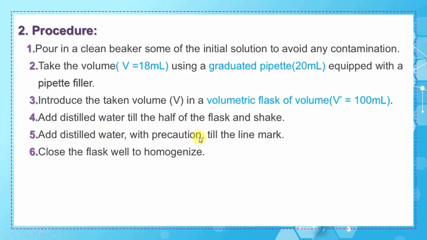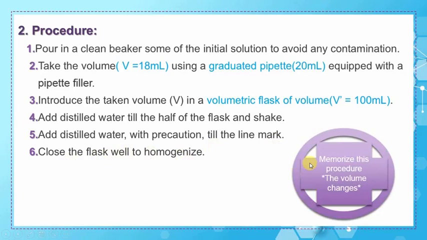Add distilled water with precaution till the line mark. Close the flask well to homogenize. Don't forget to memorize the procedure and pay attention that the volume changes with the exercises. As the calculated volume changes, so the graduated pipette changes its capacity and also the volume of the volumetric flask.